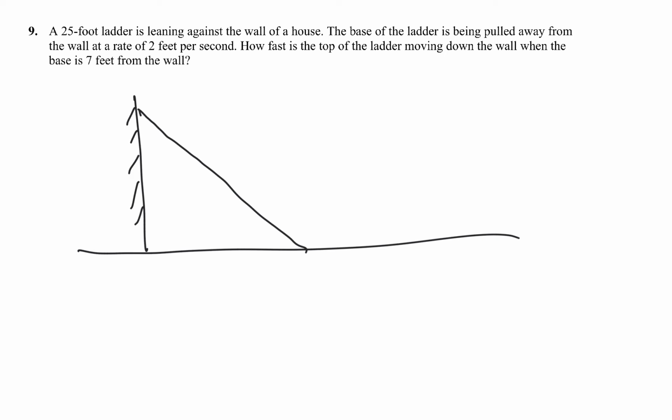The length of the ladder is 25 feet. And the base is pulled with a velocity v sub x, 2 feet per second. So this point is moving 2 feet per second. This is the velocity of this point.